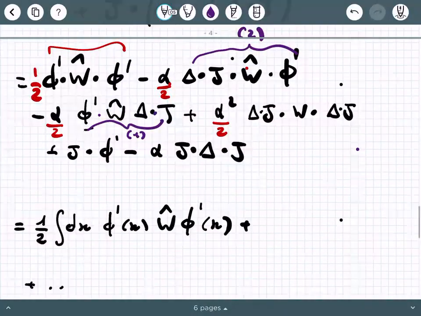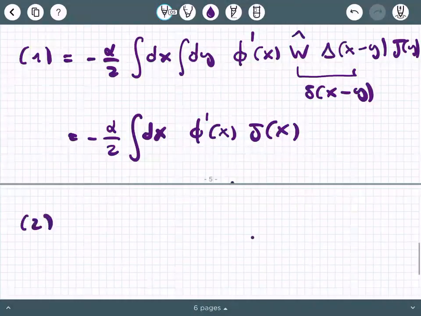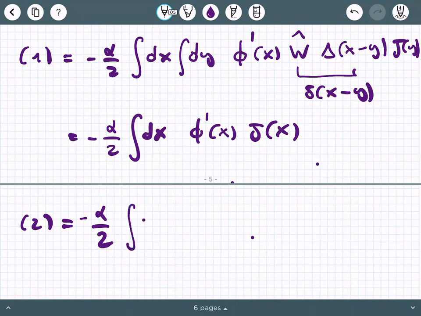Now the term 2 is very much looking like the previous term, but only the roles of the terms are interchanged. So I have an integral in dx, an integral in dy.